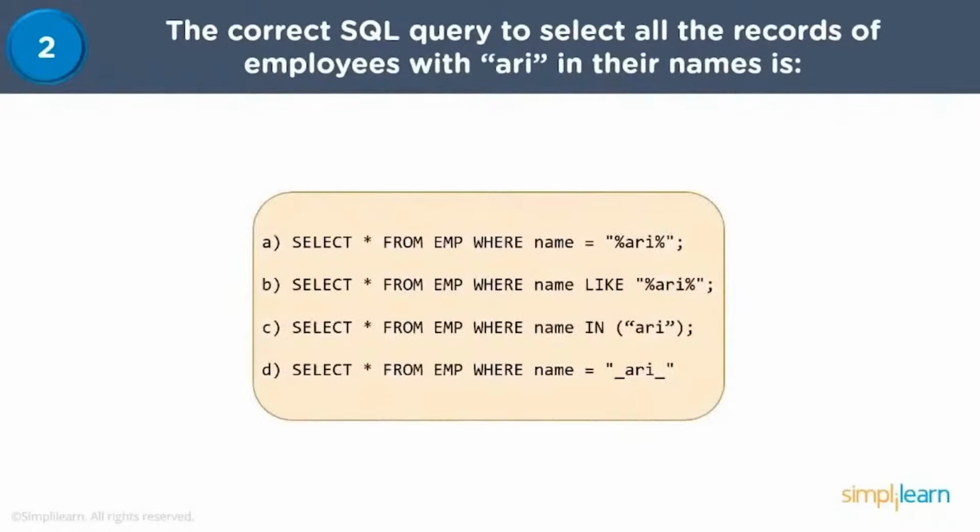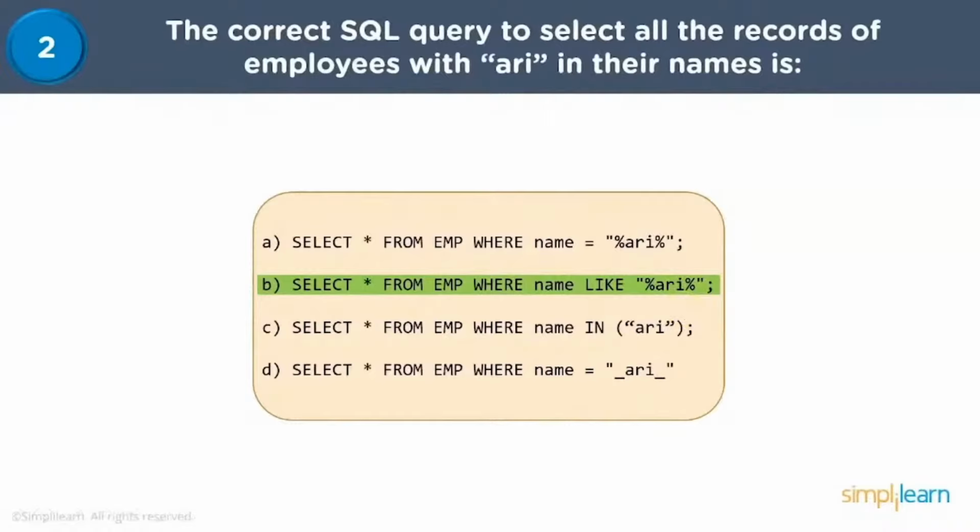So we have a list of 4 options given, and out of that you need to find the correct option. Now the answer to this question is this. So if you write select star from the table name, which is employee here, where name like, then if you give this condition, it will return all the records where employees have ARI in their names.